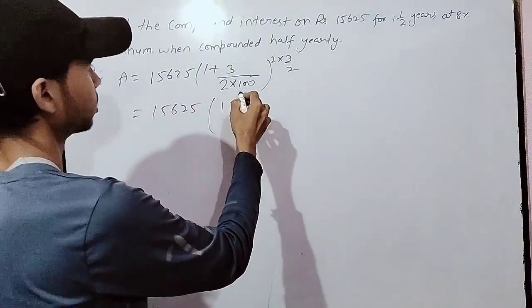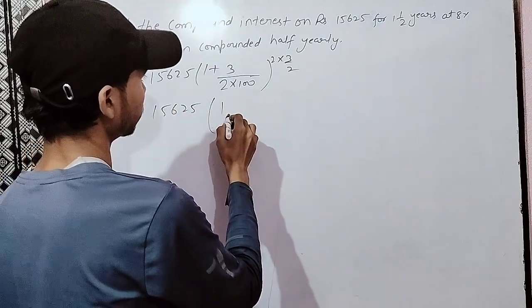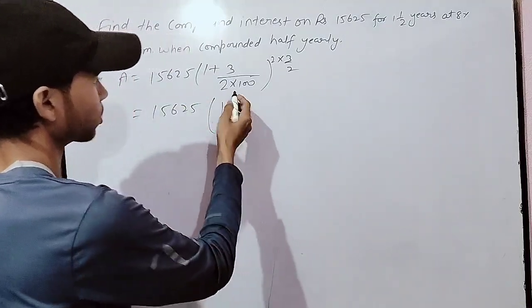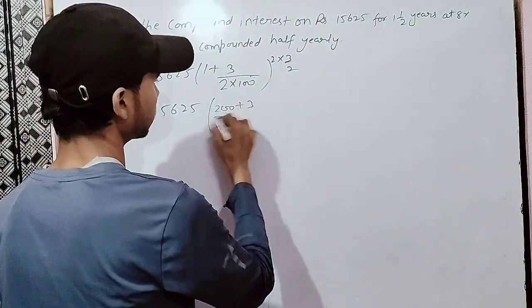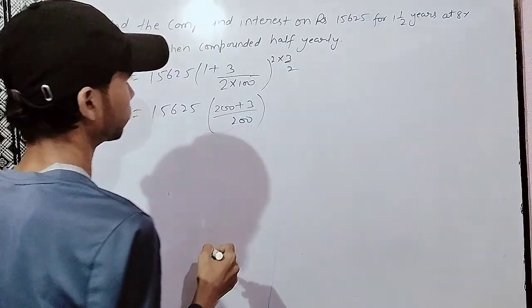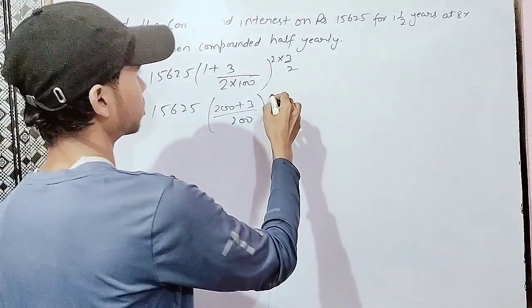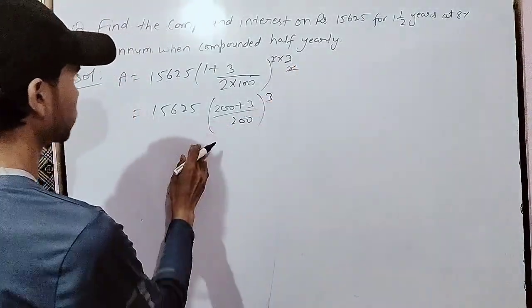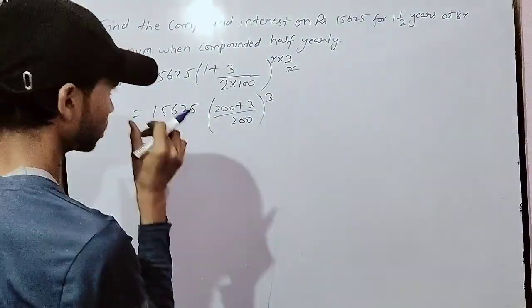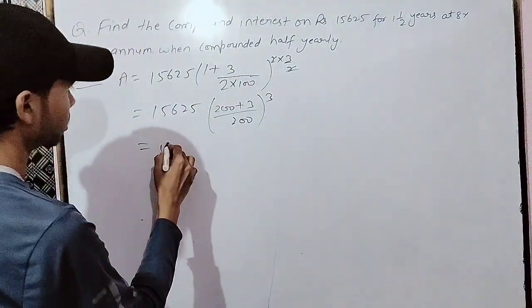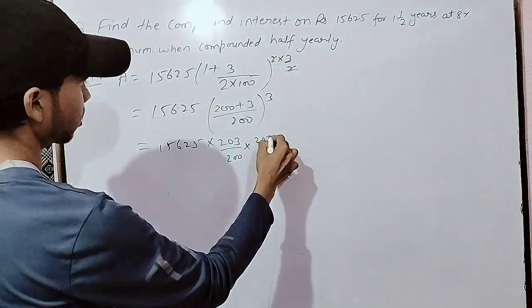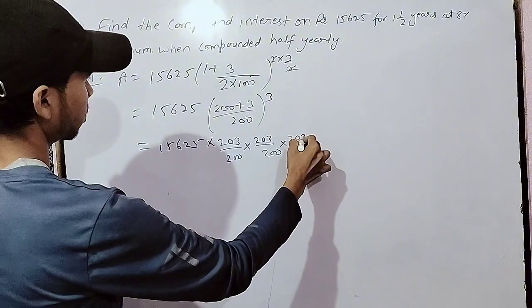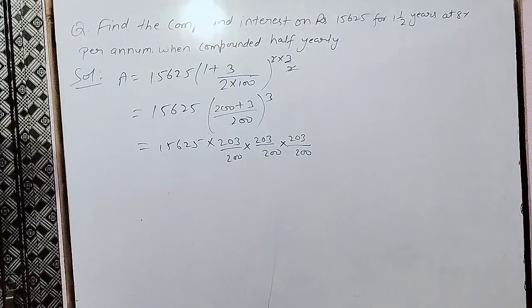Can you write this as 200 plus 3 upon 200? Of course. This will become 3 times.